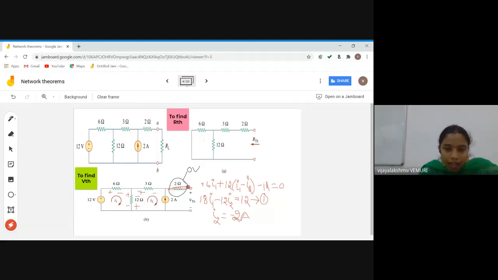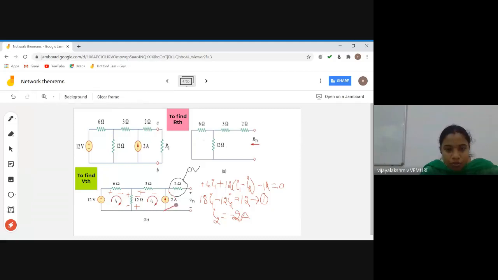Next, this positive is connected to the current source here and negative is connected to the current source here. That means whatever the voltage across this open circuited terminals is nothing but the voltage across this 2 amps source. But do you know what is the voltage across this 2 amps source?